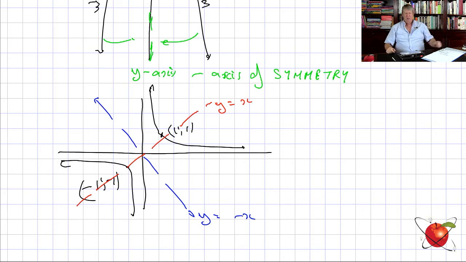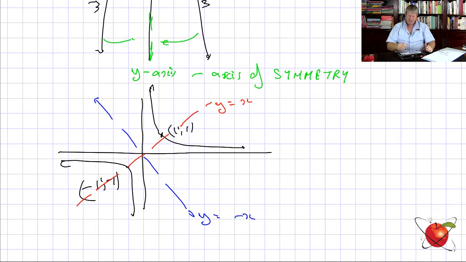Because why? Because if we fold it about the line y equals x, this piece of the graph here, okay, this piece of the graph and this piece fold onto each other, don't they? Try it. Draw the one we've just drawn, and then fold it along that line, hold it up to the light, and you'll see that they actually fold right over each other, and ditto with the bottom part.